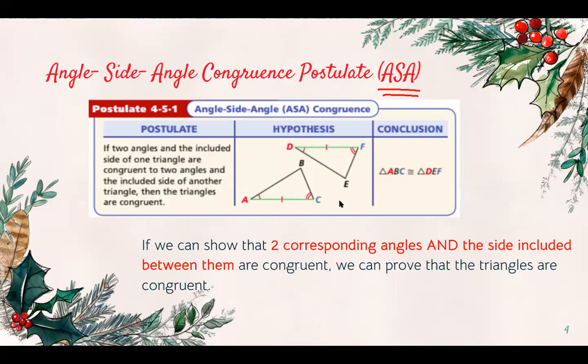These are the conditions for us to use angle, side, angle triangle congruence. We have the angle, the other angle, and the side in between. That's angle, side, angle. Therefore, we can say these two triangles are congruent to each other. This one is a postulate. So just like side, side, side, and side, angle, side, this one's a postulate. We're just going to accept it to be true without proof.